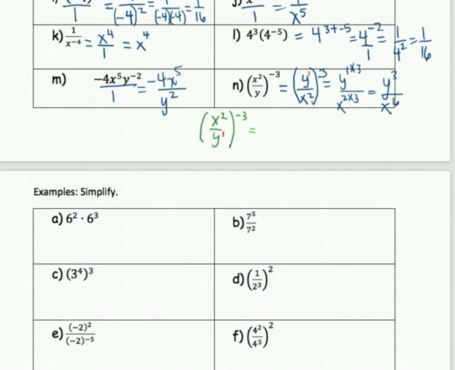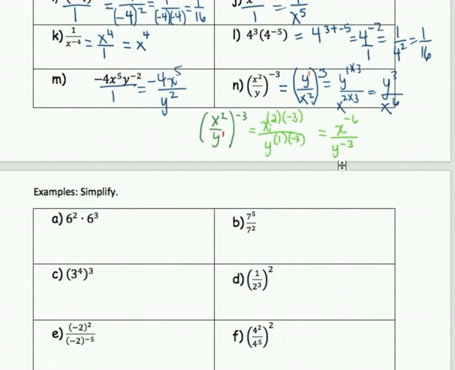Okay, so you're going to take the x, you're going to go 2 times negative 3, and then you're going to take the y, and it'll be 1 times negative 3. And then you are going to multiply those exponents, negative 6, and y to the negative 3.